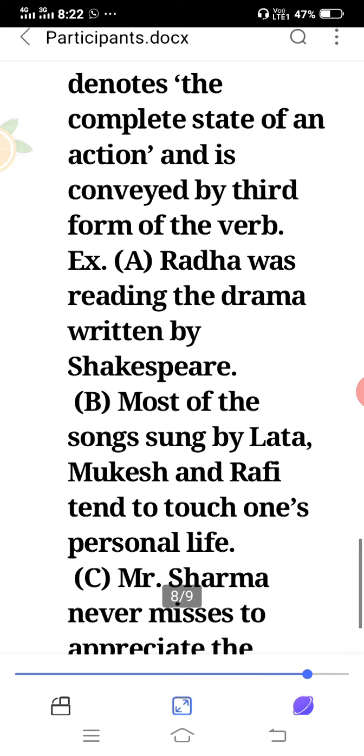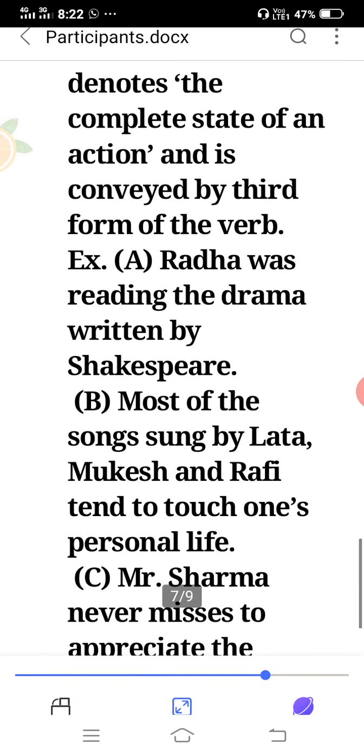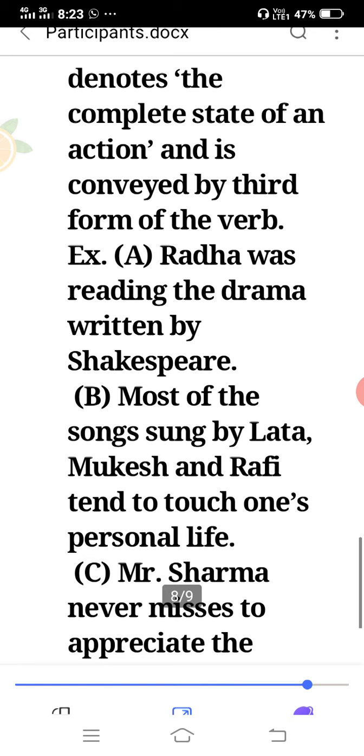Now this written, as the nature of participle, being a verbal adjective, qualifies Radha as an adjective, and as the nature of a verb, takes an object after it, by Shakespeare. It is in the passive form. Okay, so it is eventually an object that is in the passive form converted into subject to add by.